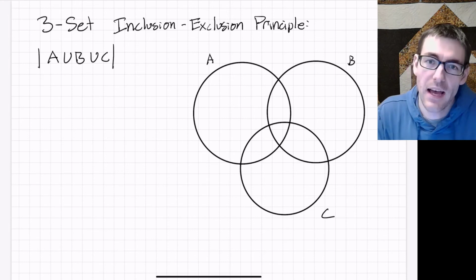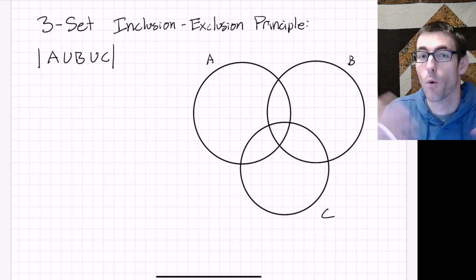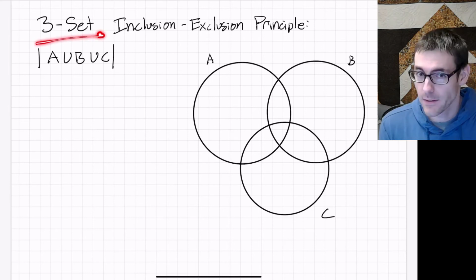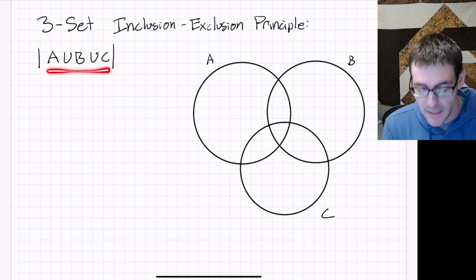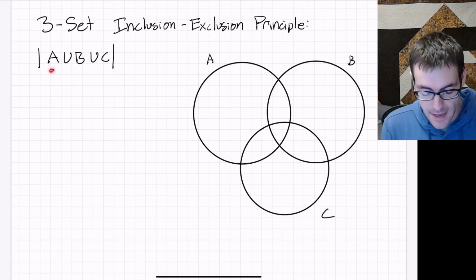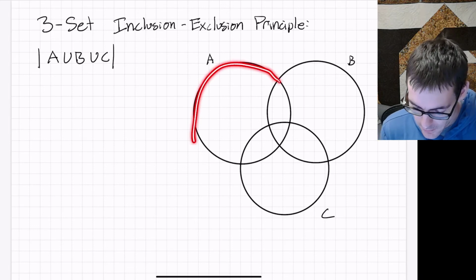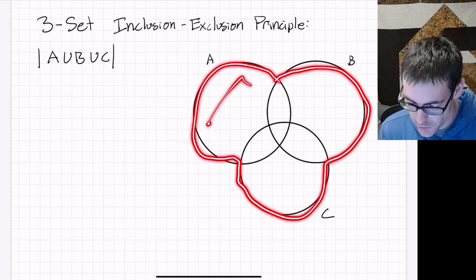So this idea can be generalized to questions that involve more sets. If we have 3 sets, and we want to know how many elements are in the union of each of these 3 sets, A union B union C, what we're after is how many things are in this whole picture.